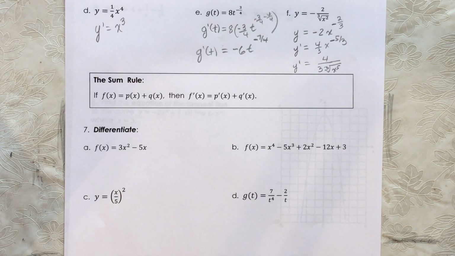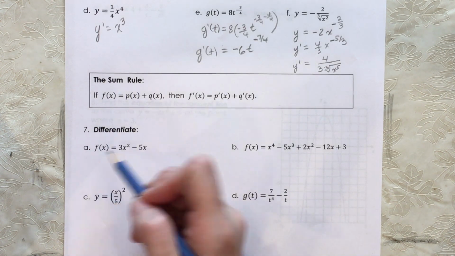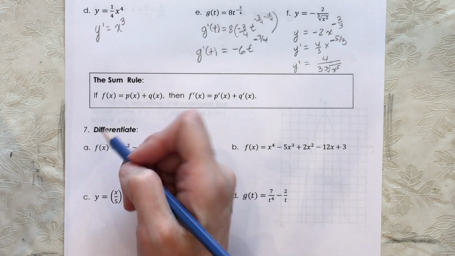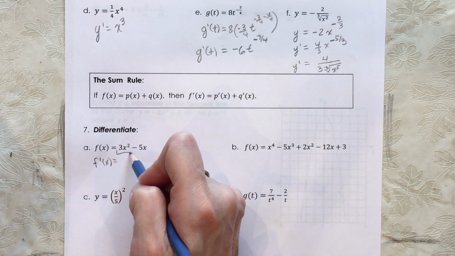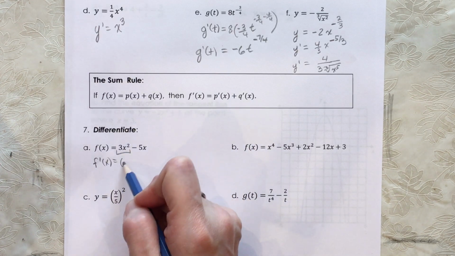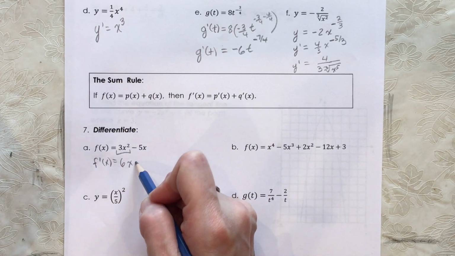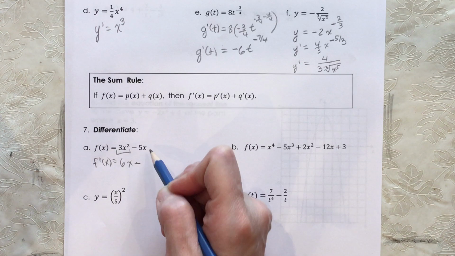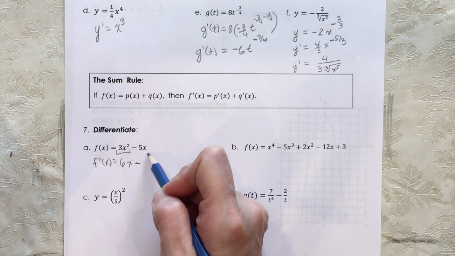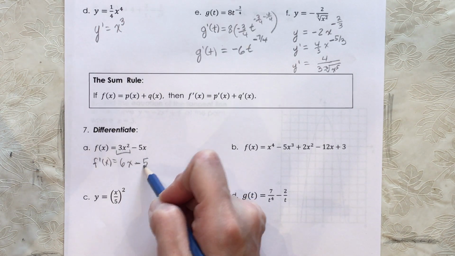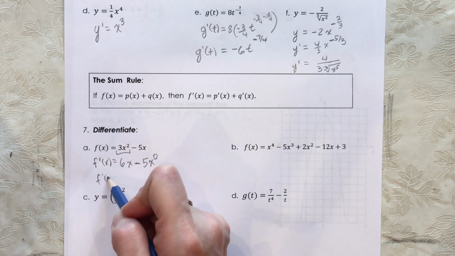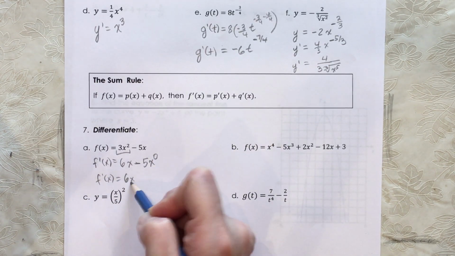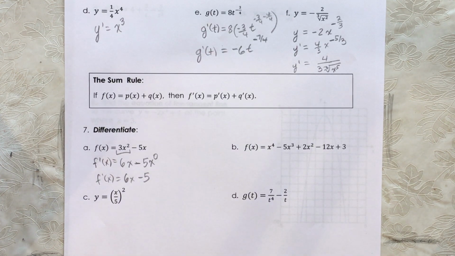So for example, if f(x) is 3x squared minus 5x, f prime at x, we can just take the derivative of this first one, which would be 6x, and then minus the derivative of 5x, which would be 1 times 5 is 5, x to the 0. So that's just 6x minus 5. You don't want to ever have x to the 0 in your answer, that would not be simplified.